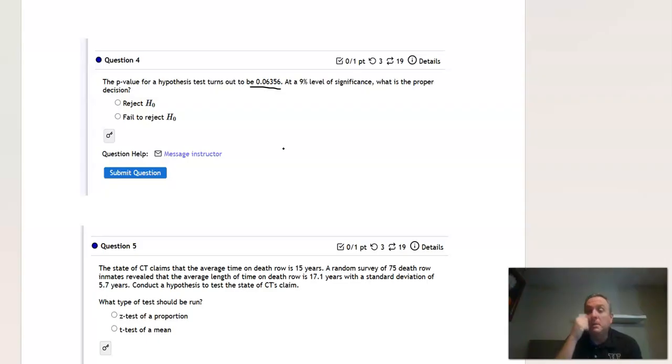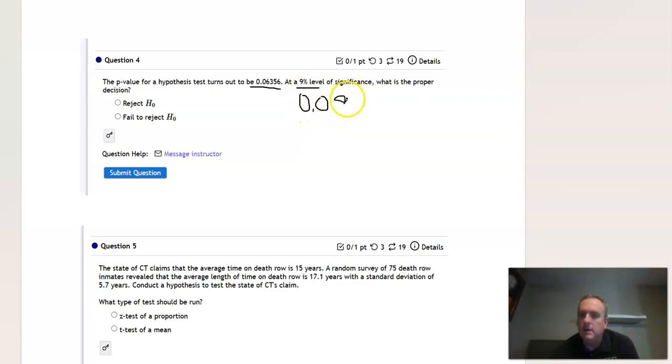So when p-values are low, we would expect this to be an unusual result based on the assumption that the null hypothesis was true. At the 9% significance level, we can rewrite 9% as a decimal, 0.09.